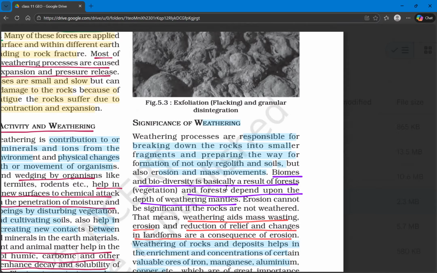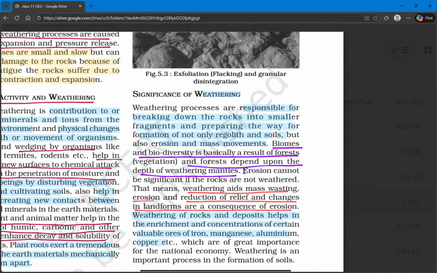Biomes and biodiversity are basically a result of forests, and forests depend upon the depth of weathering mantles. So what happens? Weathering mantles are the condition for the forests. Erosion cannot be significant if the rocks are not weathered. So it is easier to transport smaller fragments rather than big rocks.